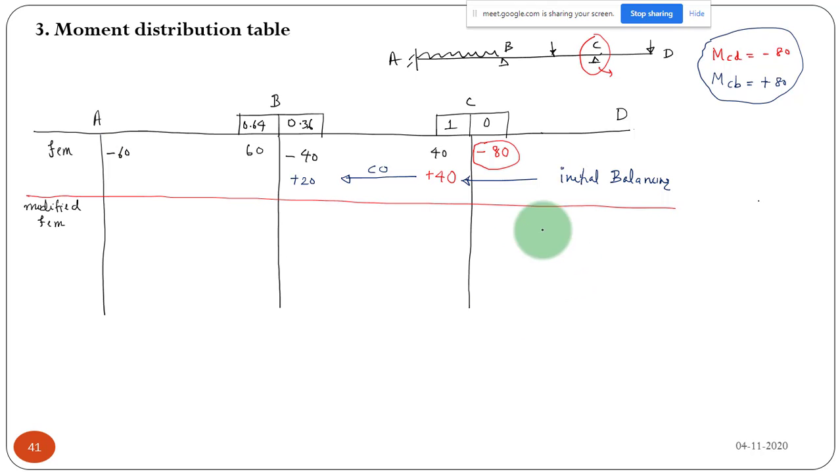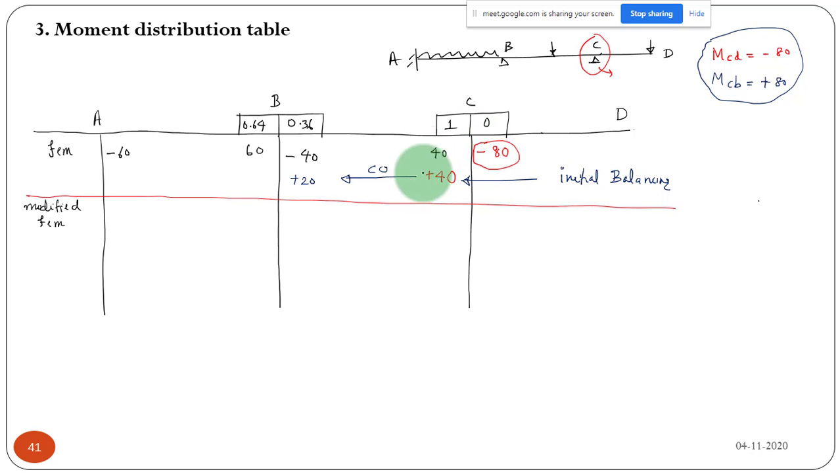This value we already know: minus 80 kilonewton meter is the final value of MCD, and once you solve the problem, the final value of MCB should be plus 80. That is why, as an initial balancing, I add plus 40 here. If I add plus 40, this will become plus 80, and this is already minus 80.